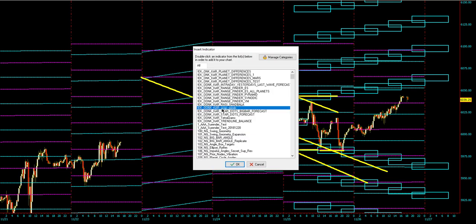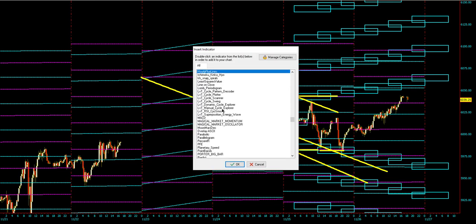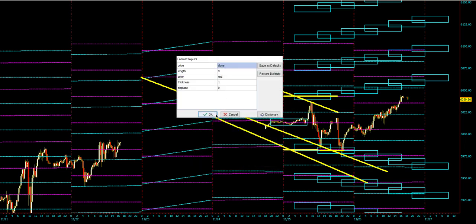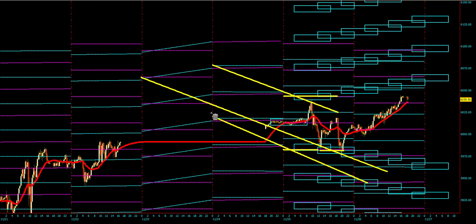It doesn't hurt, as I say, if you want to use something, you can always use Hull moving average. Don't know if they have it here. Okay, use wave moving average. You can use that. The problem with this, it will not give you these points. So that's the problem.